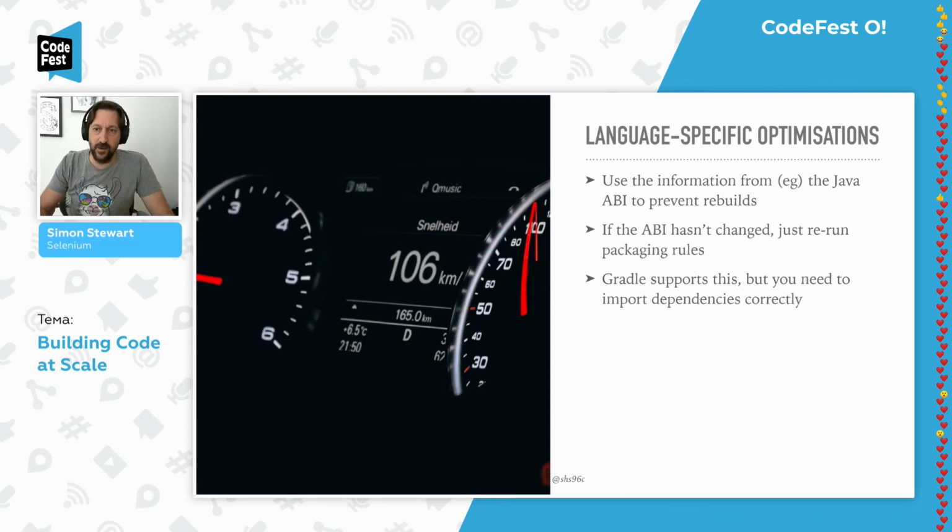And then language-specific optimizations. So we talked about using the Java ABI to prevent rebuilds. In Buck and actually in the build tool Bazel, what we do is after compiling some Java, we generate what Bazel calls interface jars. We used to call them stub jars. And they just contain the method signatures of every non-private method and field in a class.